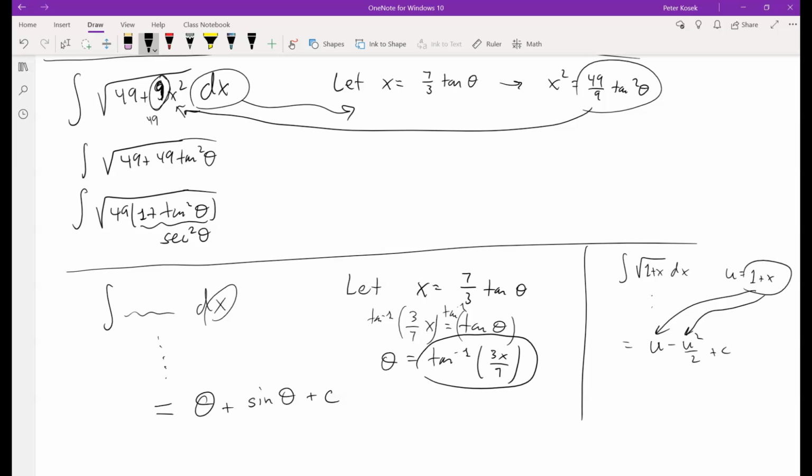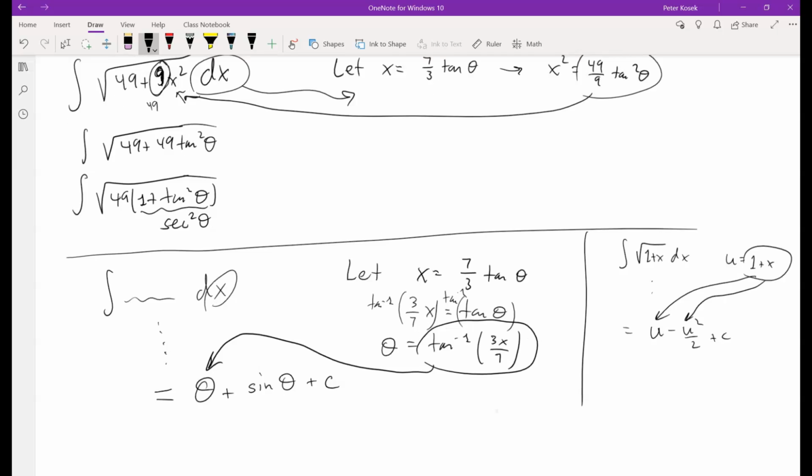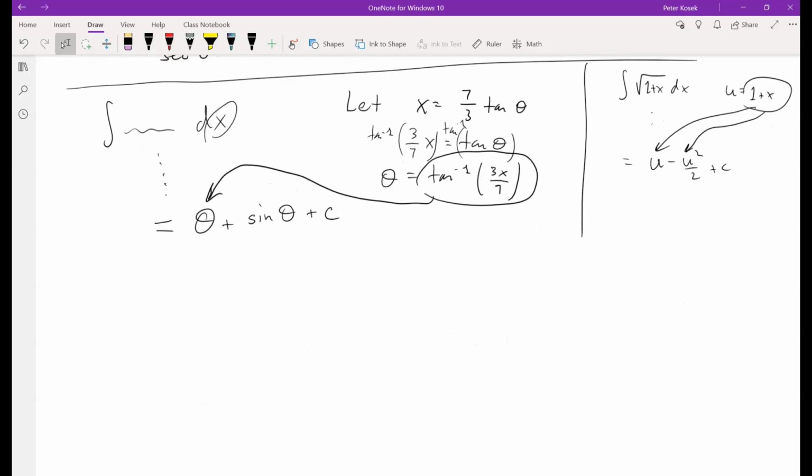So I can substitute this in for theta, and I'm going to be back to my original variable x. But sine theta is not that easy, and I did see when you sent me your solution, you had a really nice picture. That's exactly the idea that we want to use.